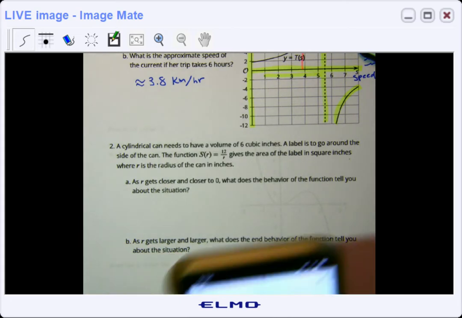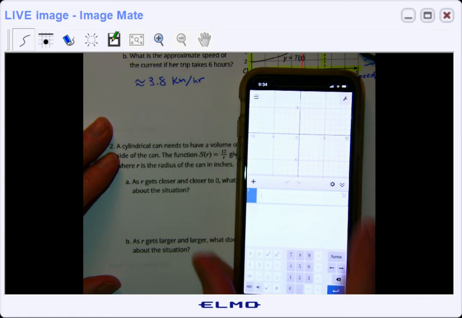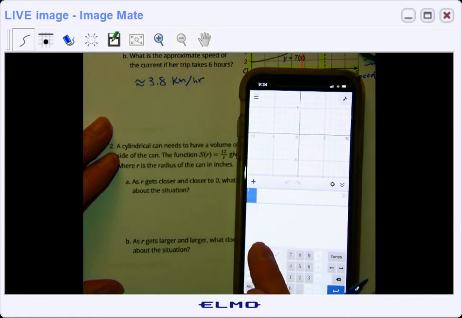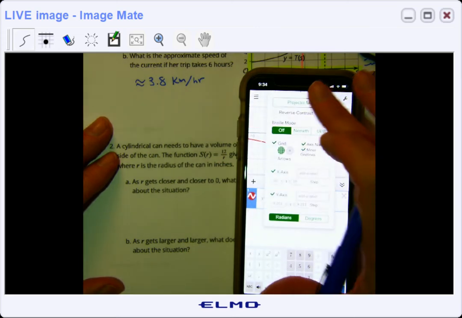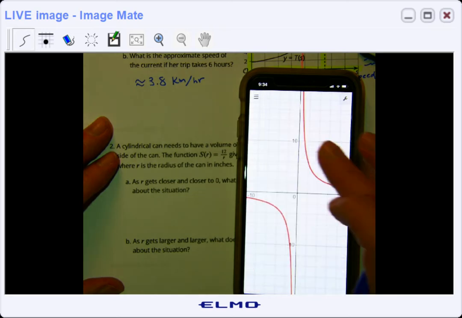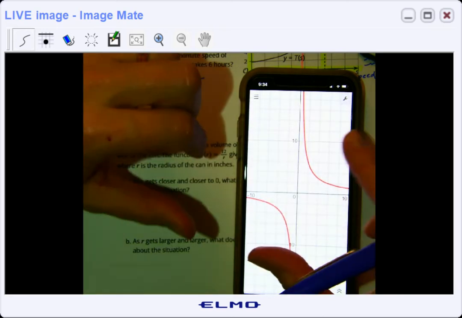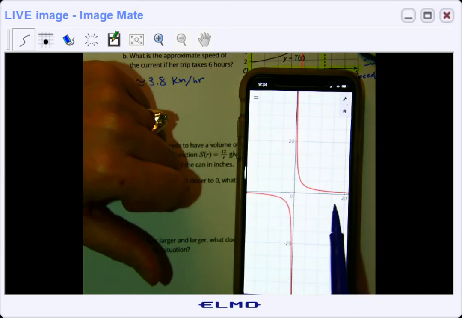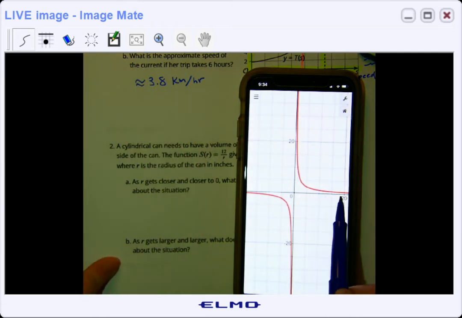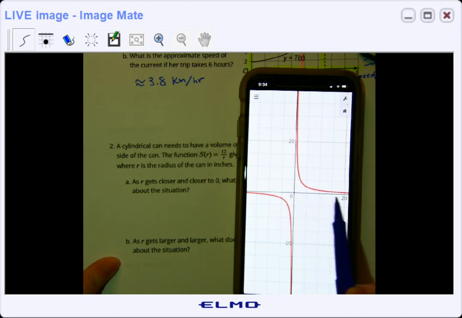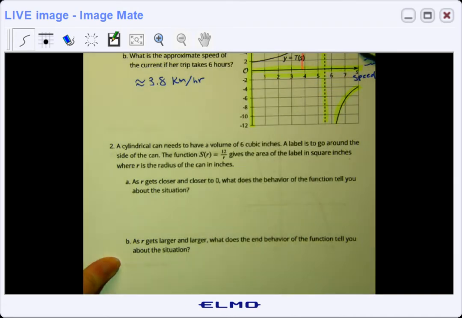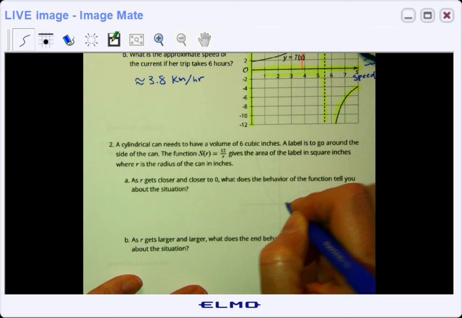So if we were to graph this in Desmos, I would have to use y and x. So y equals 12 divided by x. And I can see now that, as the radius gets closer and closer to 0, it's in this direction. And as it gets larger and larger, that's in that direction. Okay, so a quick sketch of the graph.